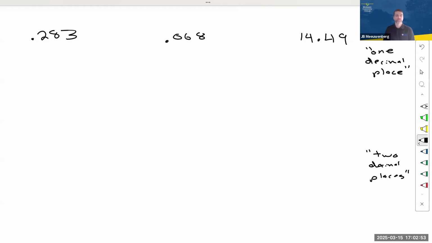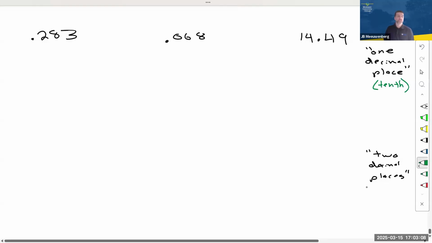So take a moment to try to do those on your own. So rounding to 1 decimal place is the same thing as rounding to the nearest tenth. Rounding to 2 decimal places is doing the same thing as rounding to the nearest hundredth. Those mean the same thing.